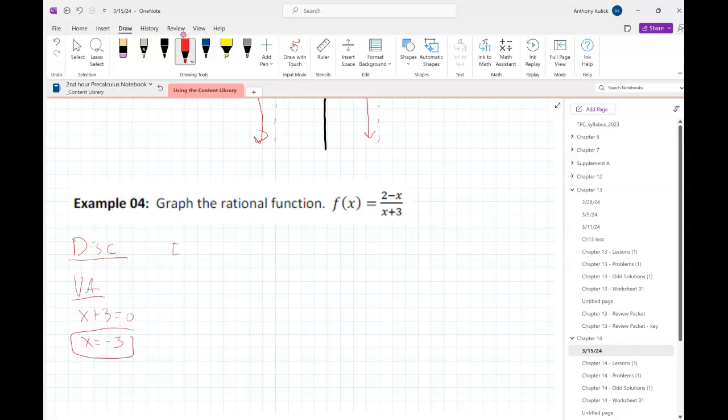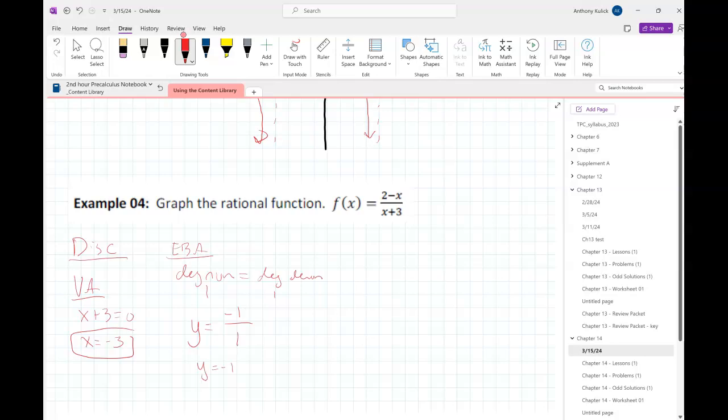And then we'll look at our end behavior asymptotes. So the degree of the numerator is the same as the degree of the denominator because they're both degree 1. So it's going to be the leading coefficient of the numerator, which is -1, and the leading coefficient of the denominator is 1.